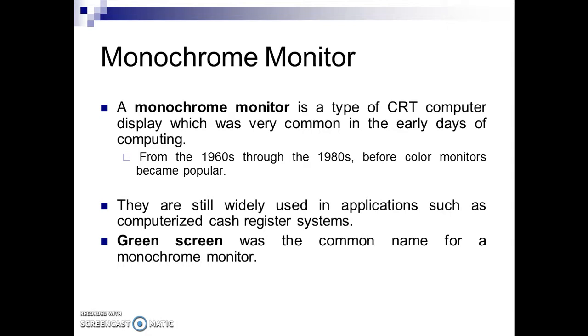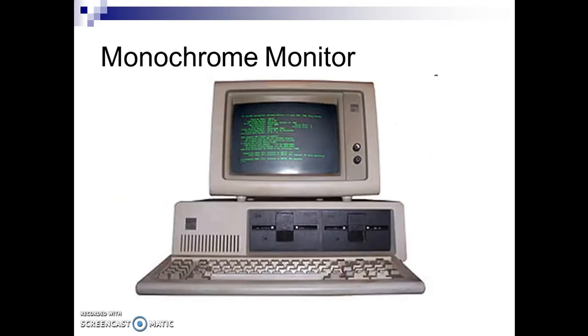And in some cases we would see orange, sometimes white. Probably most common we'd see green screen for monochrome monitors. And those disappeared in the mid-80s. But certainly schools in the 80s, you could easily see computers like these ones with green screens and in fact very small displays as well.